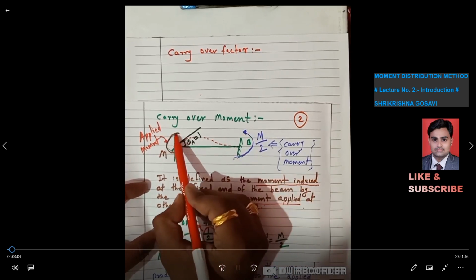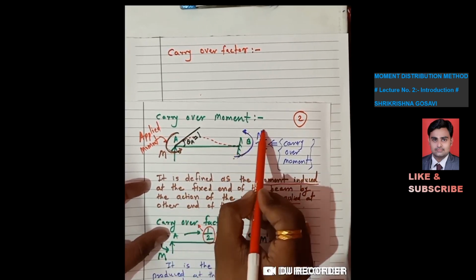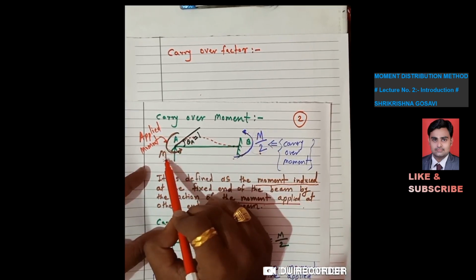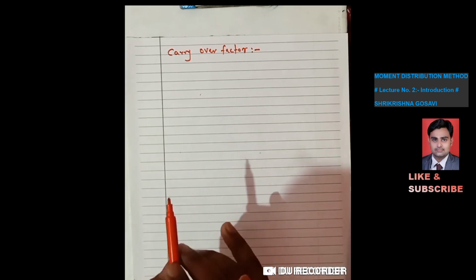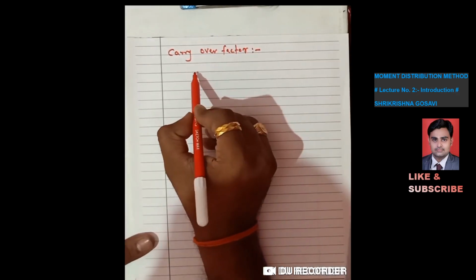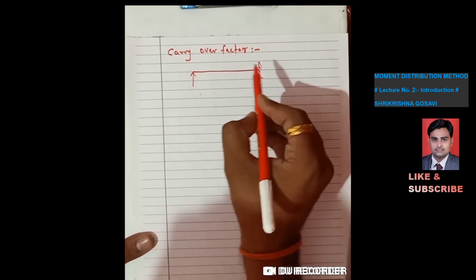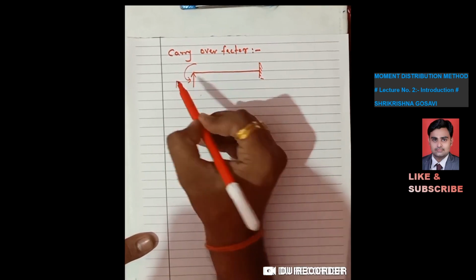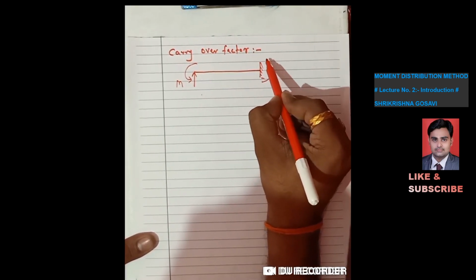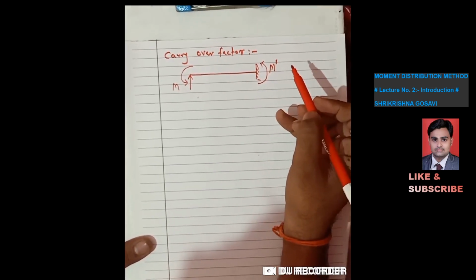Generated moment. The applied moment is M and the induced moment is M by 2. So this moment is half of this M. This 1 by 2 is nothing but our carryover factor. Again, let me explain: at this end, this is the applied moment M, and here the moment gets generated, this moment is M dash.